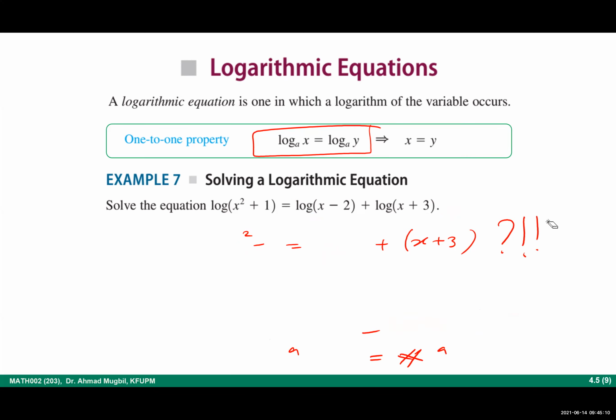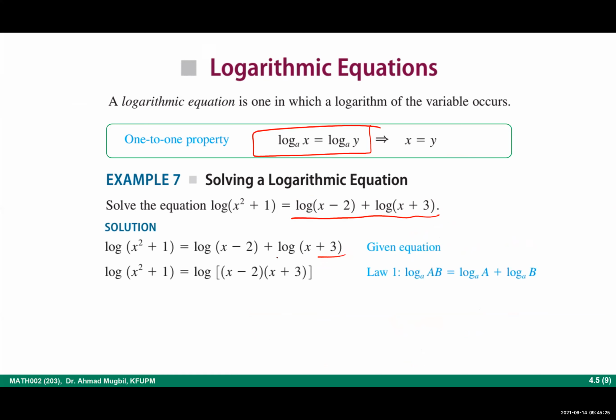Okay, so what we should do first, ya shabab, what is the trick that we learned from this step, is first of all, we need to combine these by using the laws of logarithm. So we will combine the sum of these two logarithms by using law number 1, that says that log a plus log b equals log of a times b.